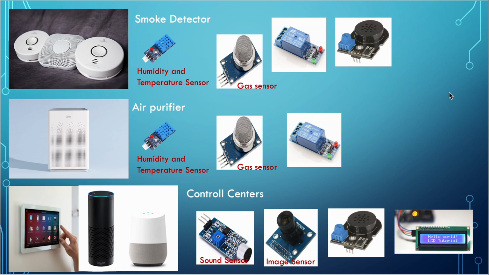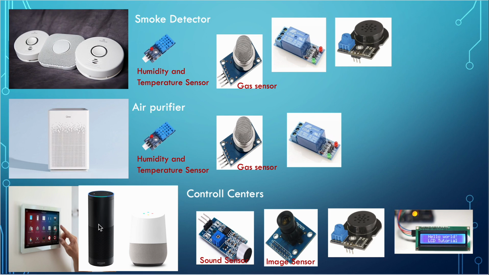This is the point where the human interaction with the IoT system takes place. The control center itself could take the shape and form of a small touch panel, a smart screen, a tablet PC, or voice control devices like Alexa or the Google Nest or things like that.